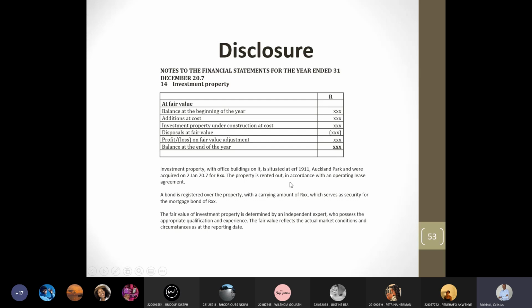A bond is registered over the property with the carrying amount as the carrying amount of the bond, which serves as security for the mortgage bond. The fair value of the investment property is determined by an independent expert who possesses the appropriate qualification and experience. The fair value reflects actual market conditions and circumstances at the reporting date.